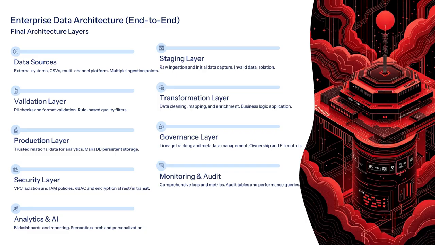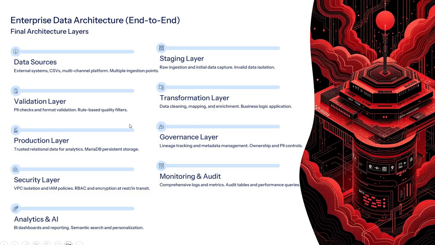So the enterprise data architecture. We have data sources, which can be from multiple sources like external systems, ESVs, multi-channel platforms, multiple ingestion points basically. Then we have the staging layer, raw ingestion and initial data capture, invalid data isolation, validation layer, PII checks and format validation, rule-based quality filters, transformation layer, data cleaning, mapping and enrichment, business logic application.